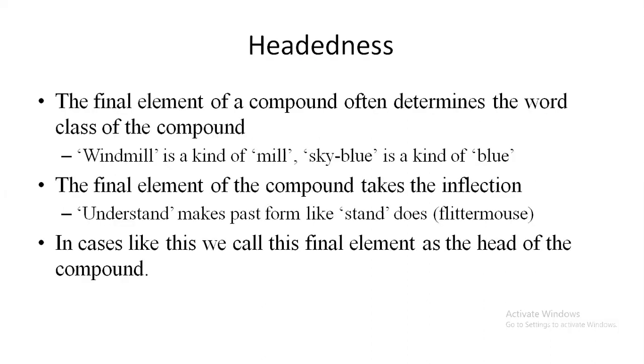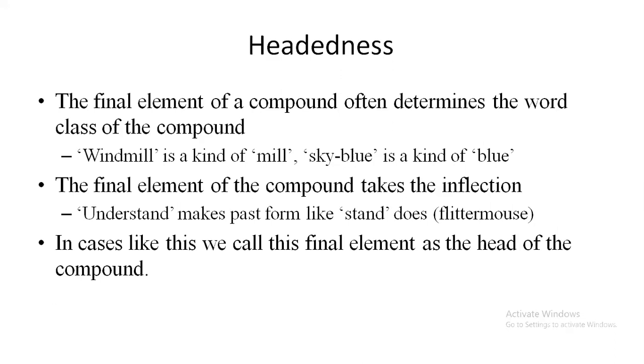So our book says one rule is we have to go to the final element. Windmill is a type of mill. Maybe electric mill, maybe other types of mill, but it's a type of mill.